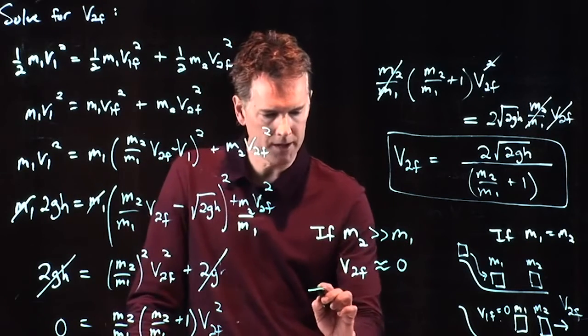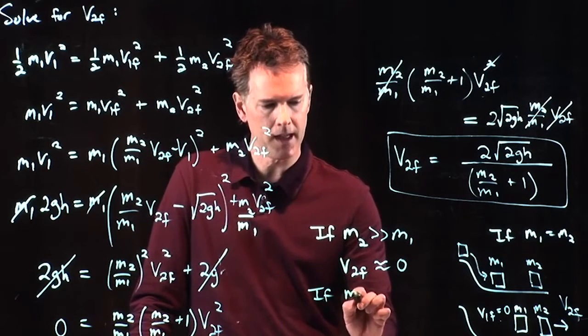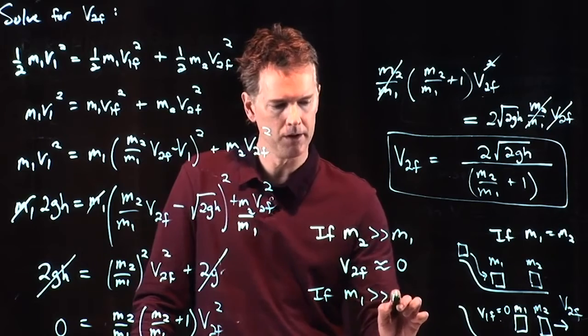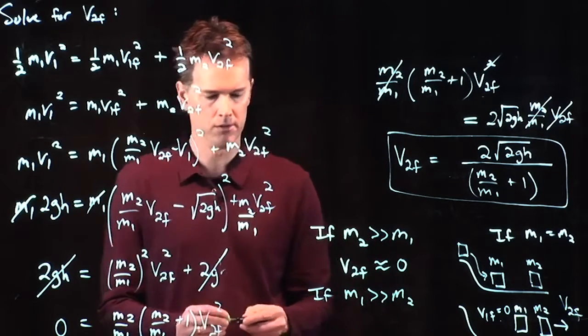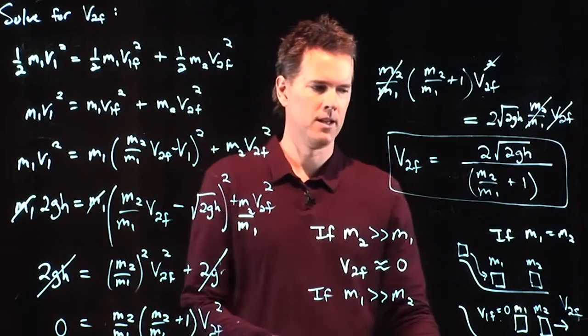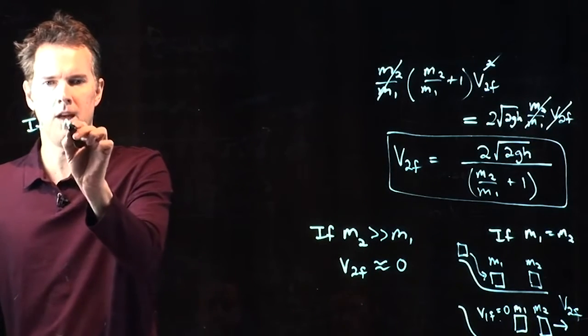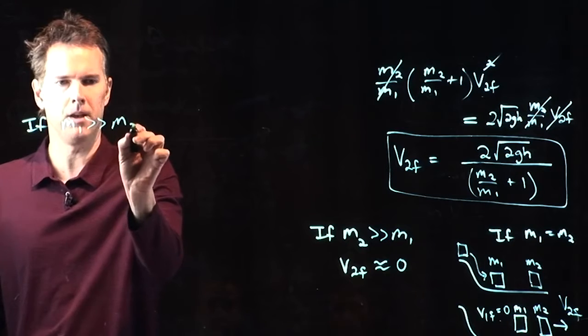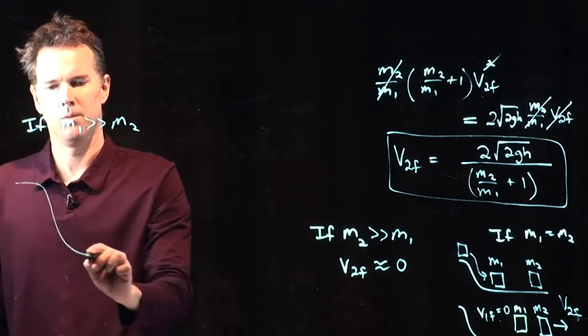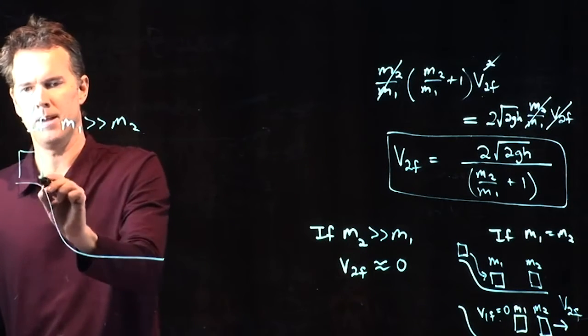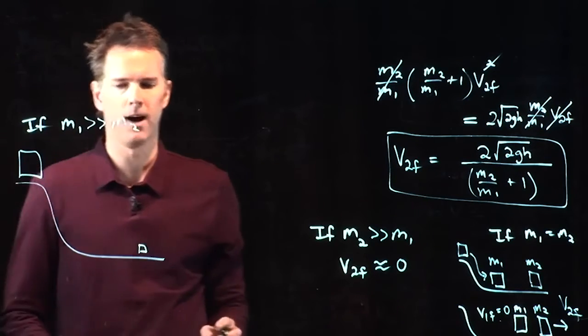What about in the other case? Let's say that M1 is the big one, M2 is the small one. So if M1 is much, much bigger than M2, what does our picture look like? We got a very big block, very small block.